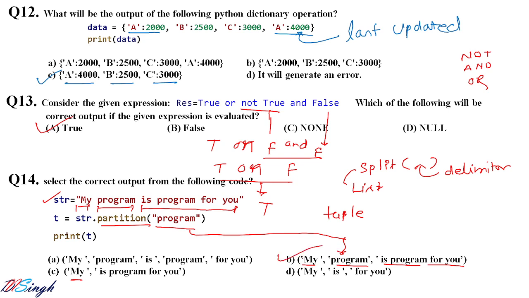That is the job of partition, so keep in mind the return type of the function. I told you, to solve such small code questions, you have to remember the functions, not all of them: split, partition, join, update, fromkeys, keys, values. Very few functions are there. If you read 2-3 times, they will be remembered.